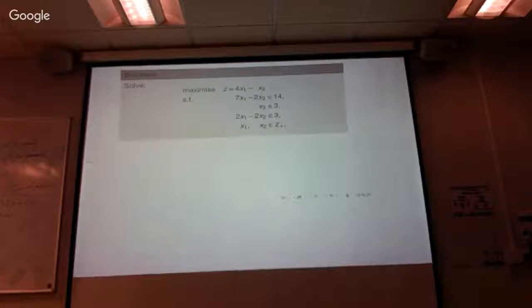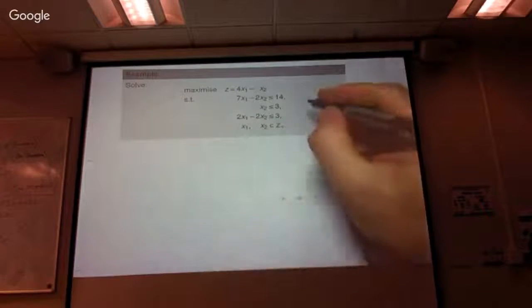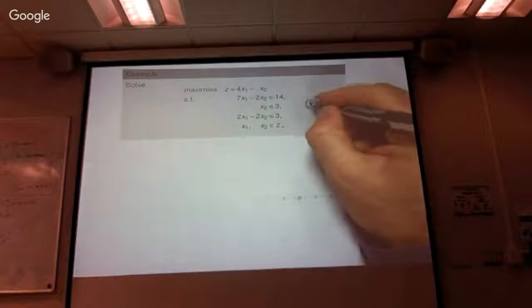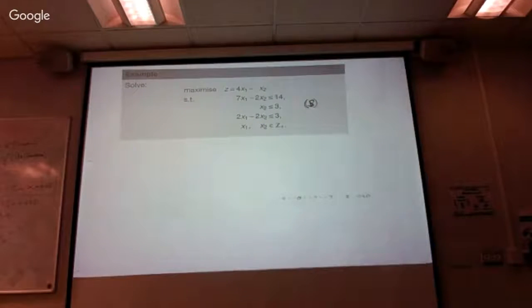The smart way is based on solving the LP relaxation. So I'll call this problem S. I don't know why I call it S, but for some reason I call it S.